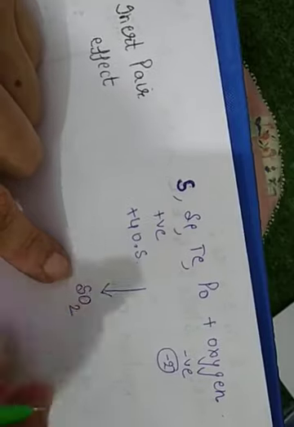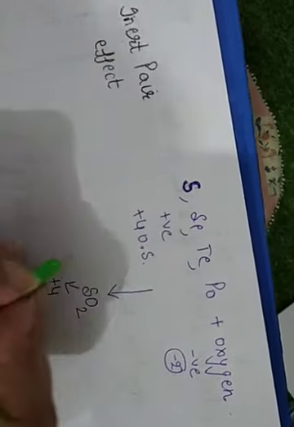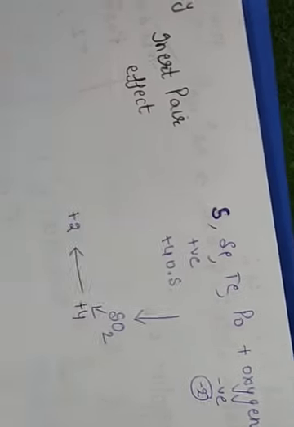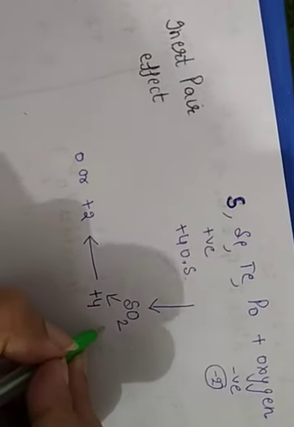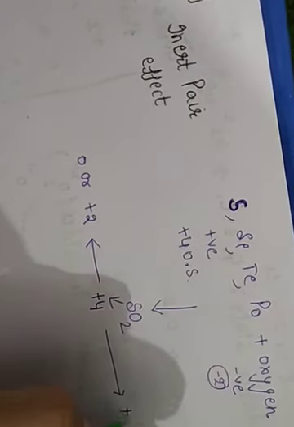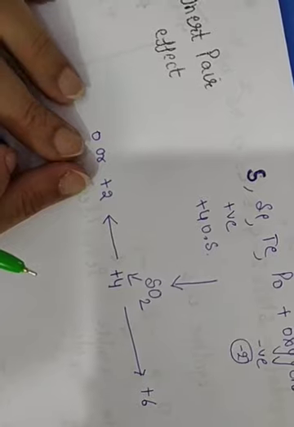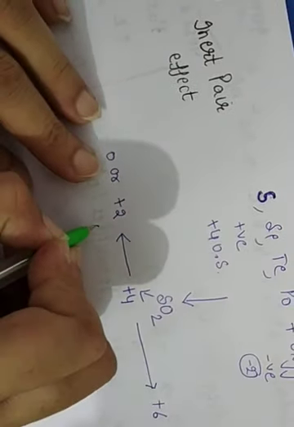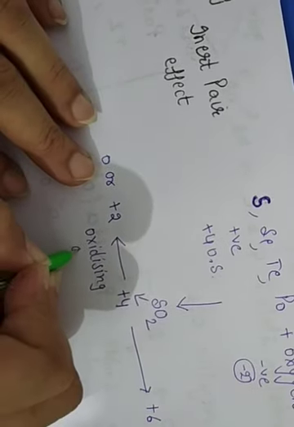So in SO2, sulfur has the +4 oxidation state. This oxidation state can decrease to +2 or 0, and it can also increase up to a maximum of +6. A decrease in oxidation state is called reduction, so here these oxides behave as oxidizing agents.